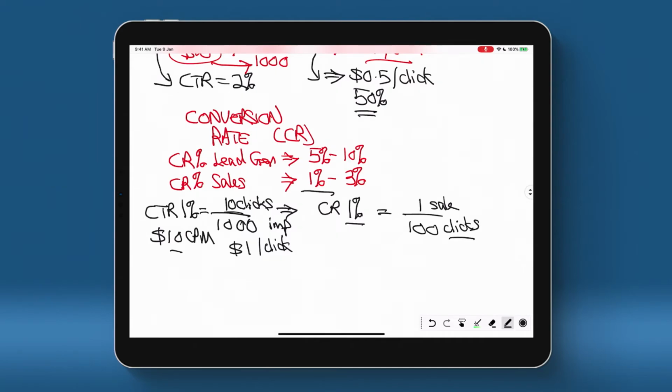And we know how much it costs for 1 click, which is $1. And therefore 100 clicks is going to cost you $100. And therefore, at $10 CPM, 1% CTR, CR of 1%, cost per sale is going to be $100.